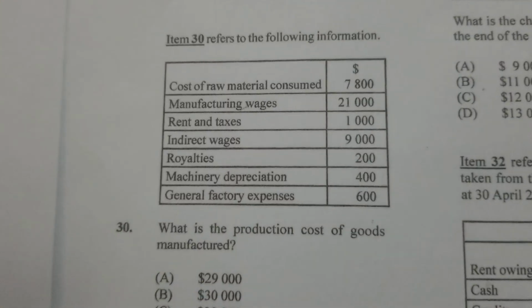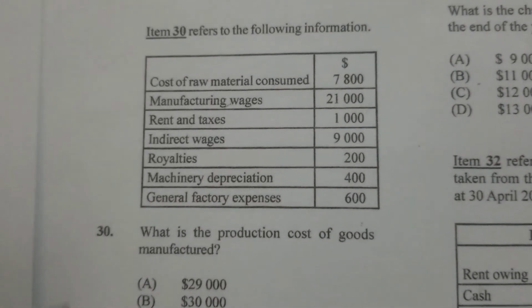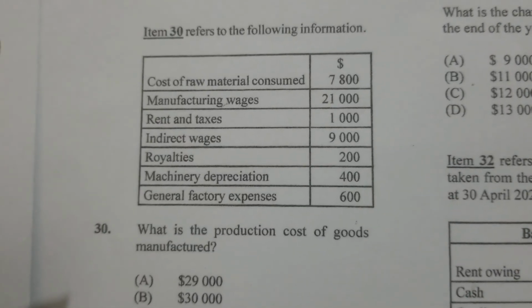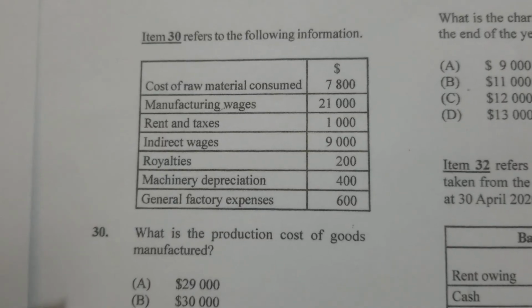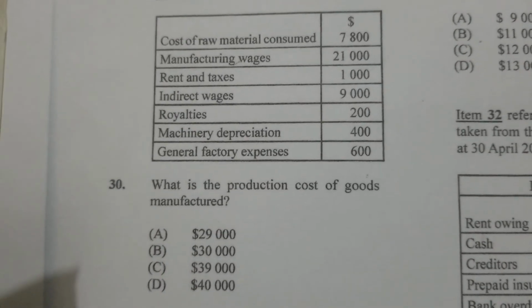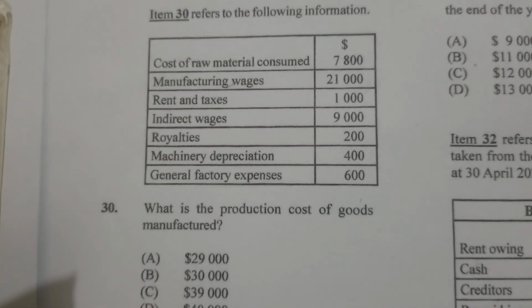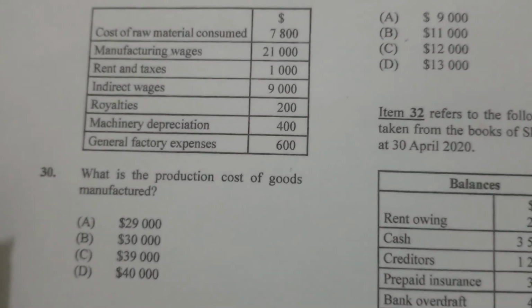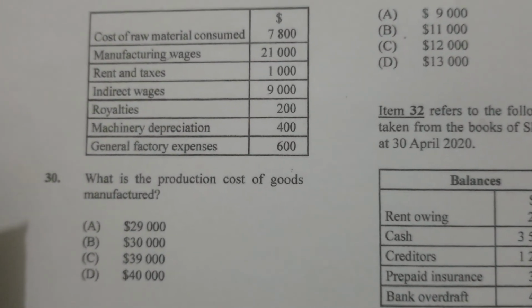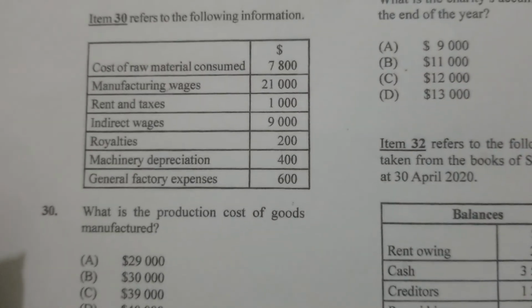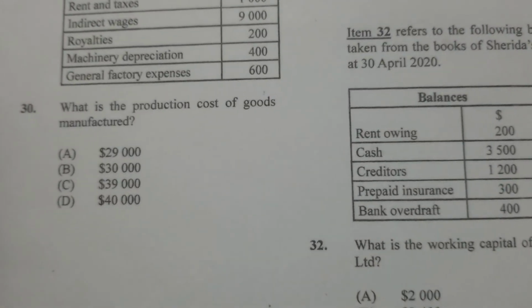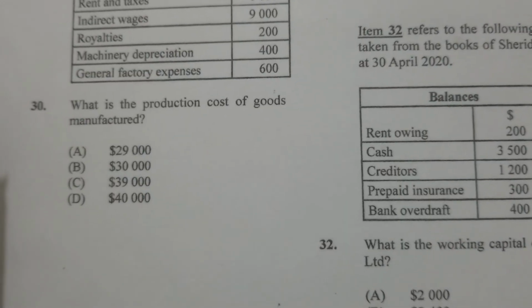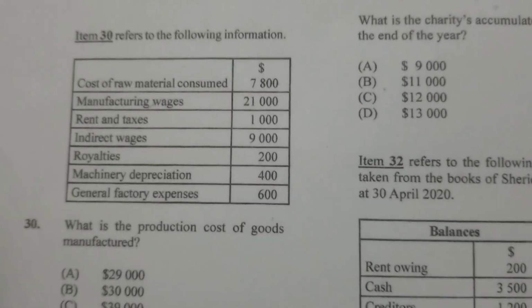Let's go to question 30. Question 30 says item 30 refers to the following information, and they gave us all this information in relation to the manufacturing account. So what is the production cost of goods manufactured?